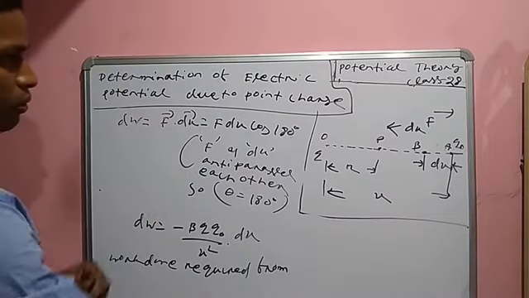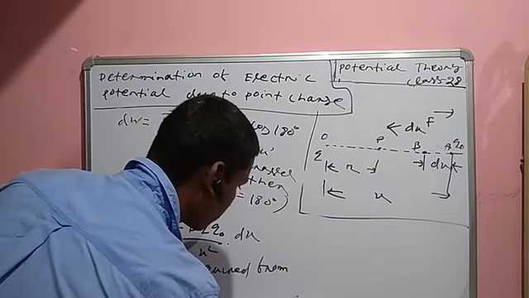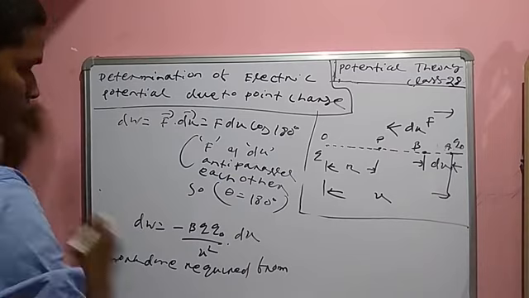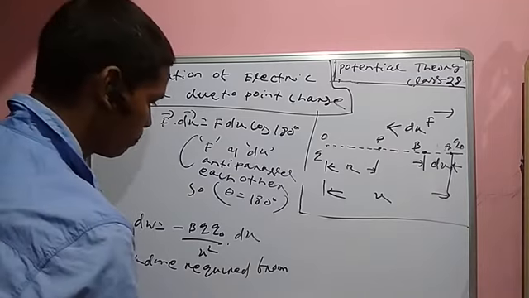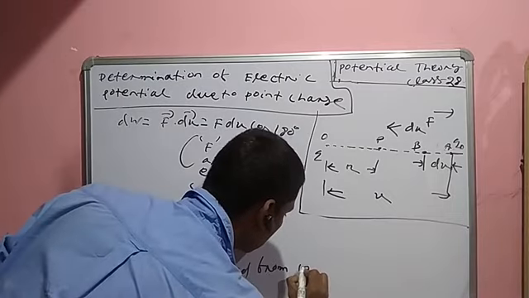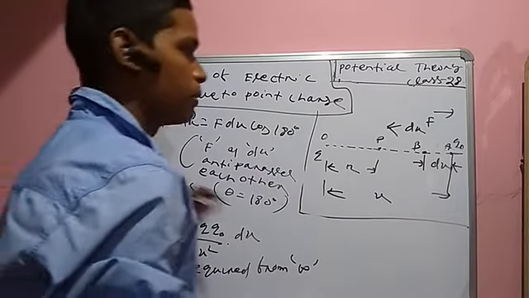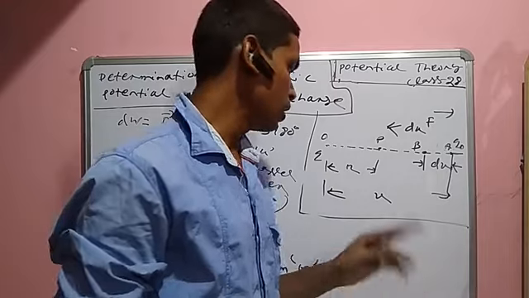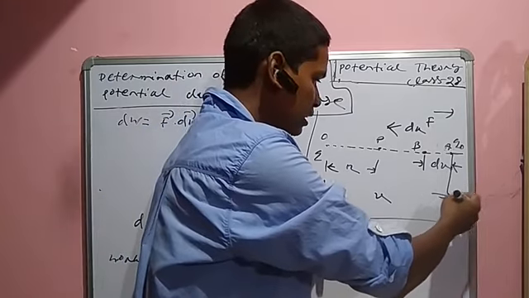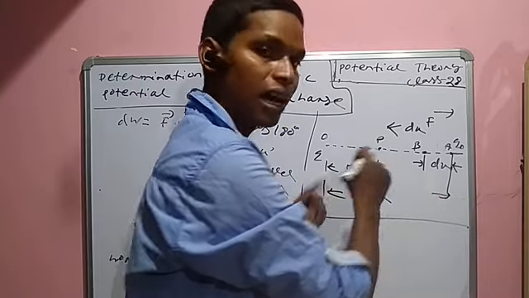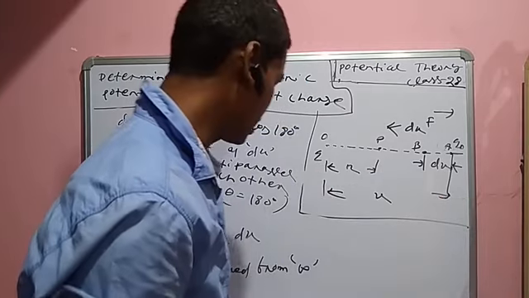Work done required from infinite to... we can choose the x distance as maybe infinite, because it is a very large distance, much greater than r, so it may be taken as infinite.